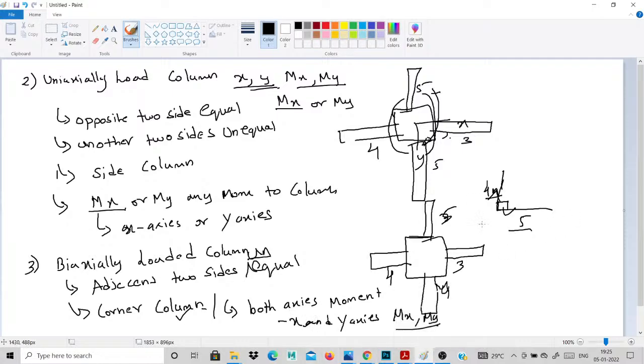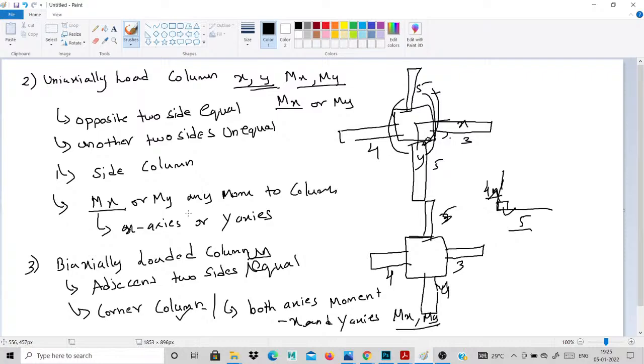Now it's clear. This is the main point to classify axial loaded, uniaxial, and biaxial columns. You simply draw one plan of a residential building. How to differentiate axial, uniaxial, biaxial? Follow this method.